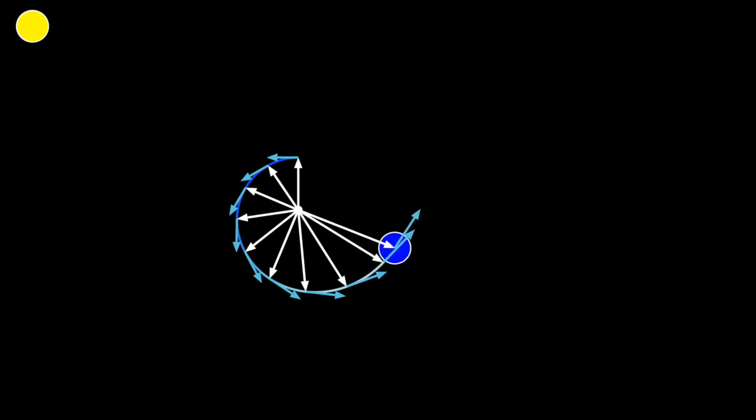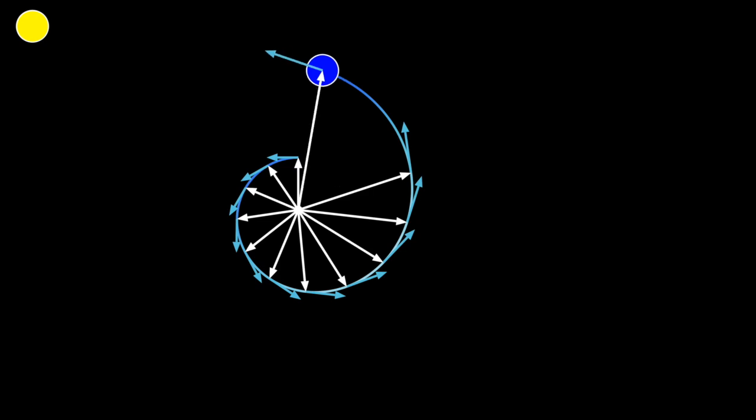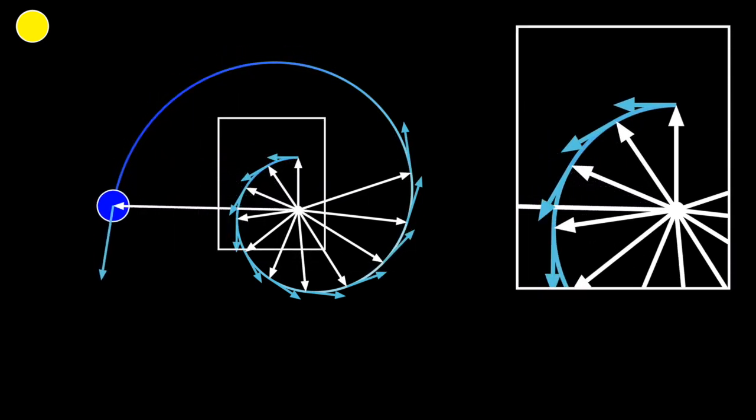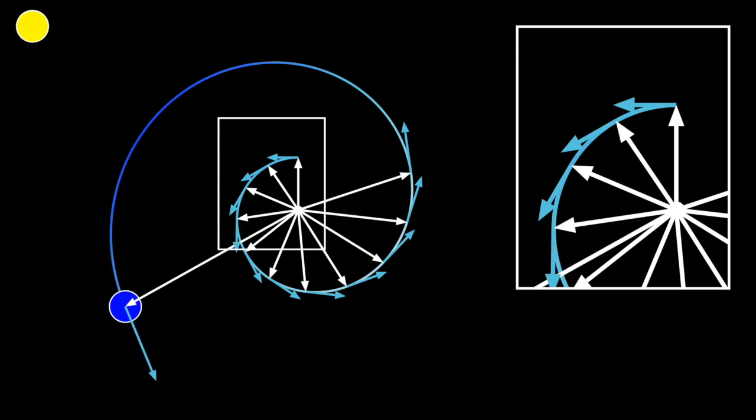Now let's take several snapshots of the blue ball in motion from the stationary perspective of the yellow ball. Each snapshot is separated from the previous by a small time interval dt. If we examine the velocity v of the blue ball in a given snapshot, we see that it can be separated into two components.